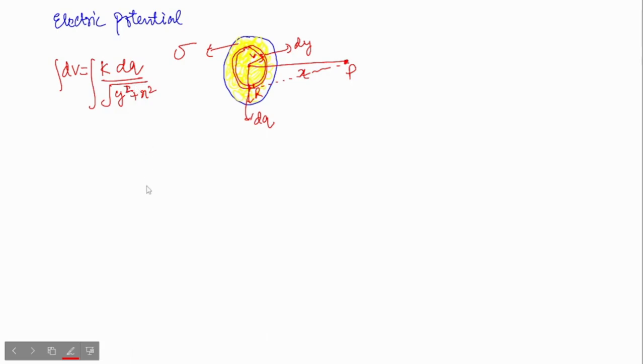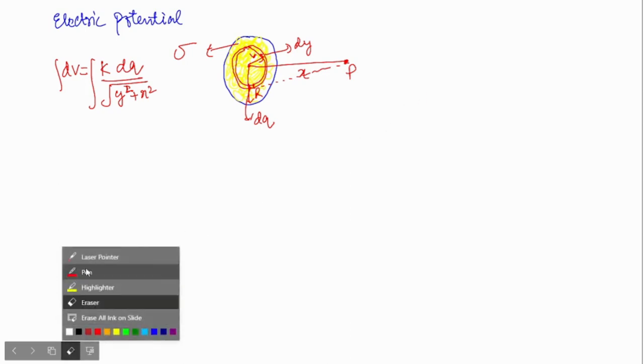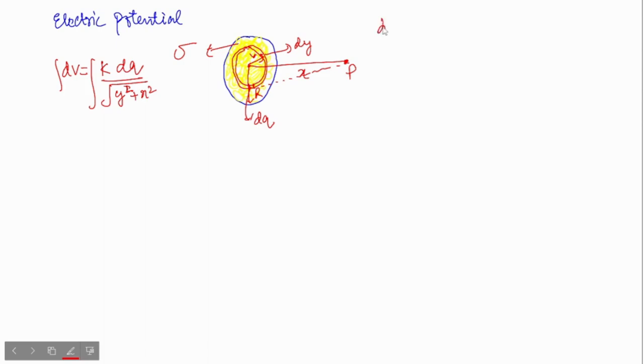Now dq, you know. dq will be what? I'm writing it here, you write in your copy, it will be 2 pi y, that is circumference, into dy into sigma.